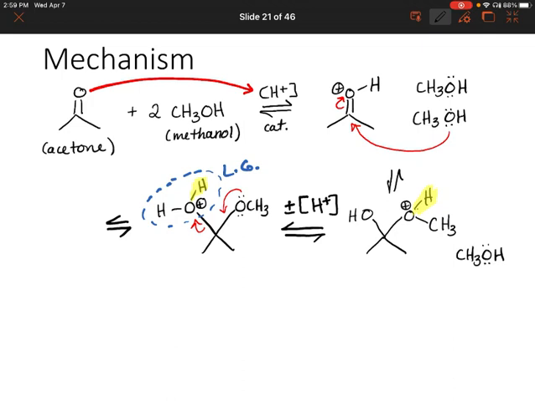All right, so now we have a positively charged oxygen again. We have formed water as a byproduct. But we also still have our methanol molecule from before.